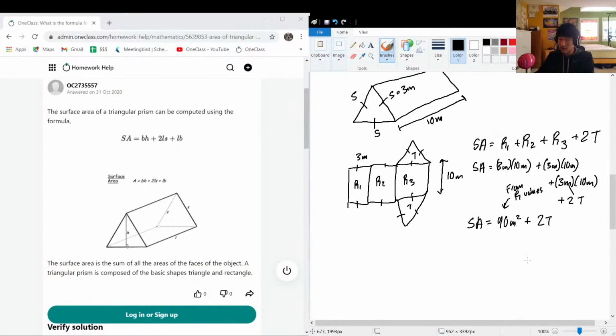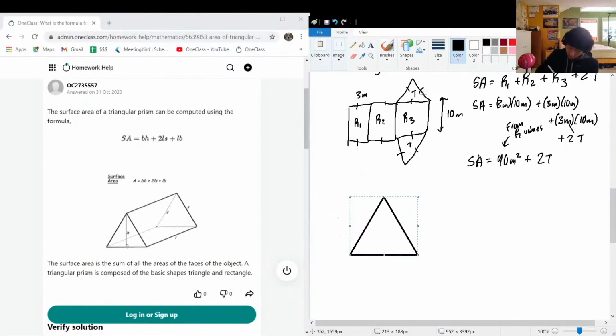Now let's get the area of T. We have an equilateral triangle. We know that the base is 3, and we're trying to find the height h. I'm going to draw this way more neatly. Pardon me. Much better.